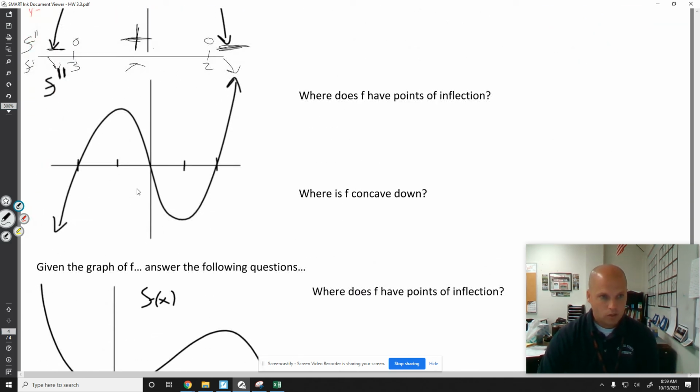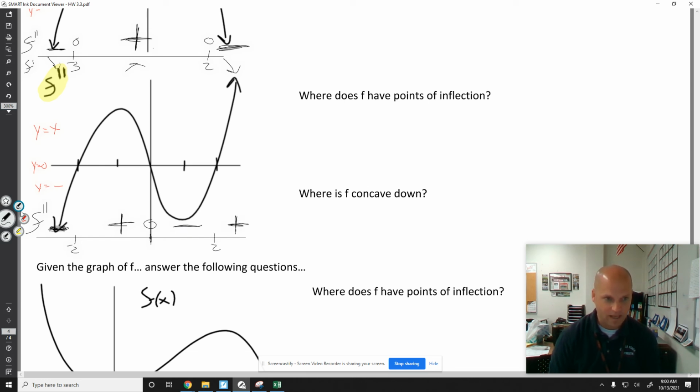Tricky. You're given f double prime. The only way to figure out concavity of f is to look at the signs of f double prime. Negative values of f double prime until negative 2, where I have a 0. Positive values until 0. Negative values until 2.